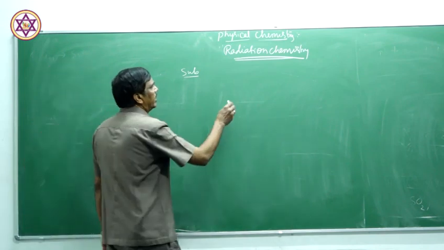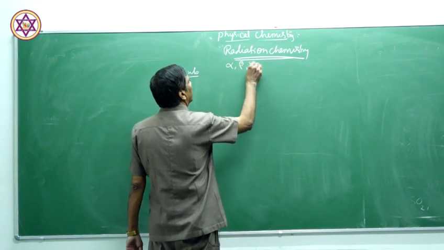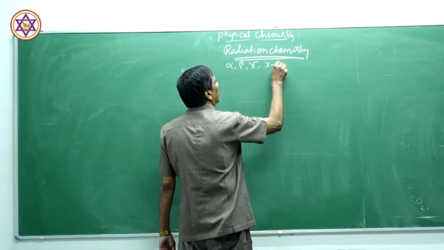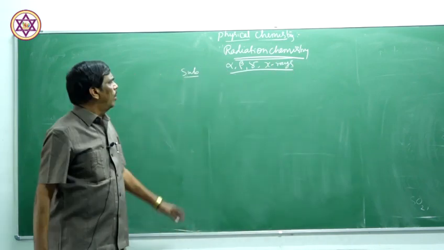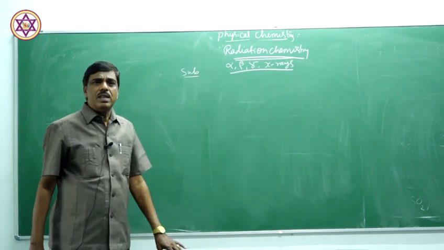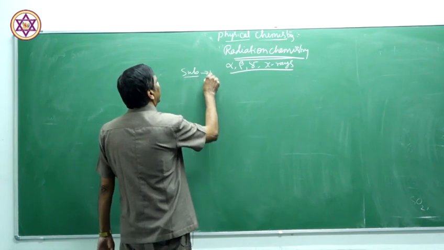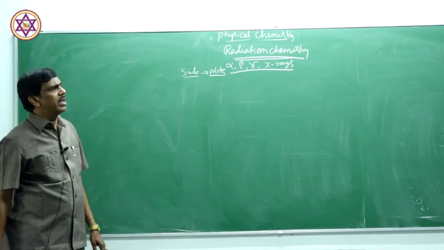High energy radiations like alpha rays, beta rays, gamma rays, and X-rays, when irradiated on the substance, cause very high energetic reactions, and it gives a number of products.